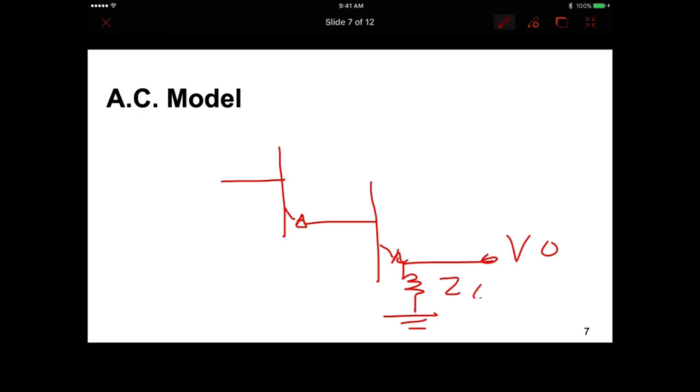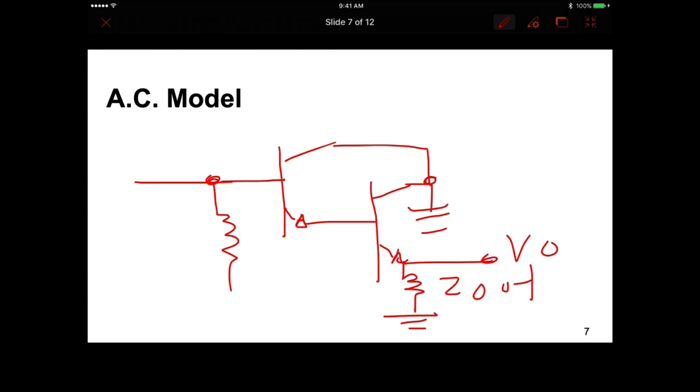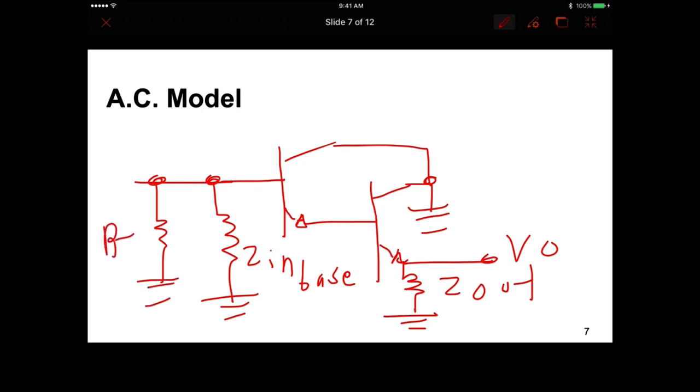VO, Z out, collector goes to ground, Z in base, RTH and Z in. There are handouts on this as well. Okay, so that's the AC model.